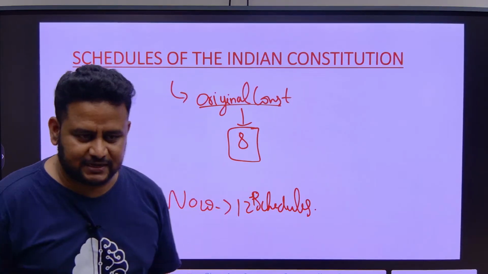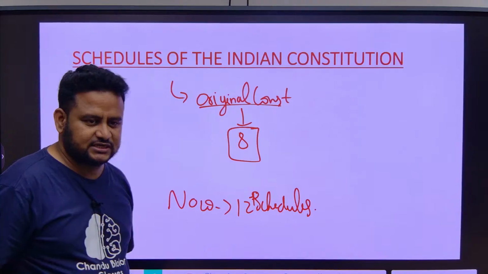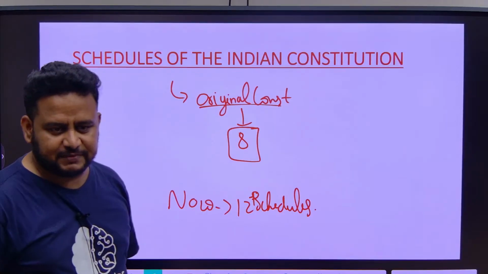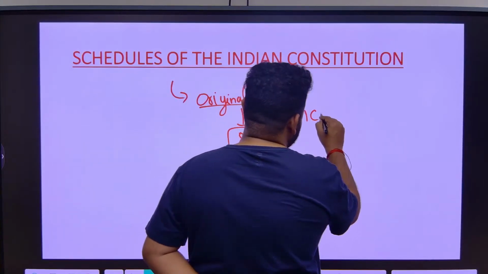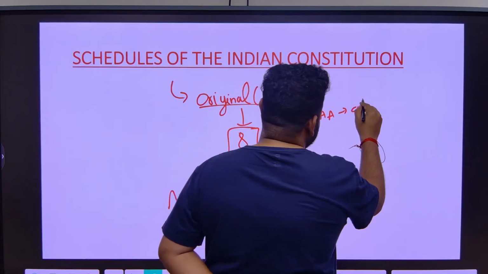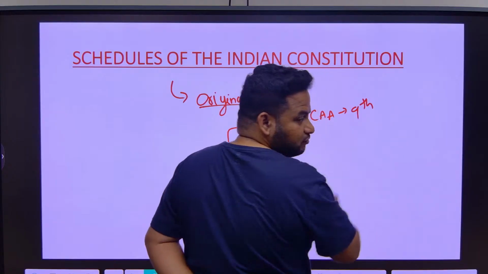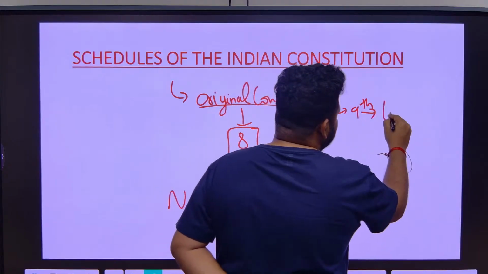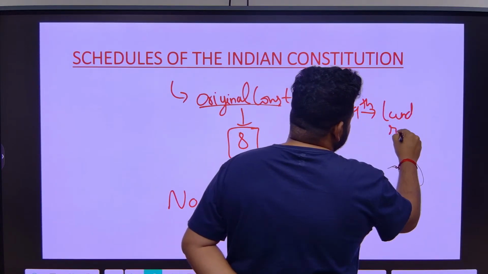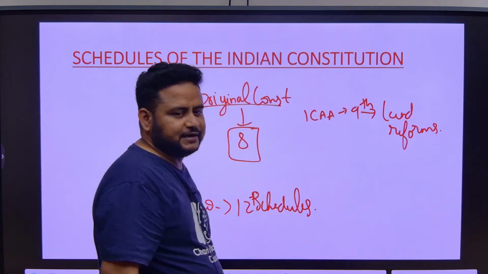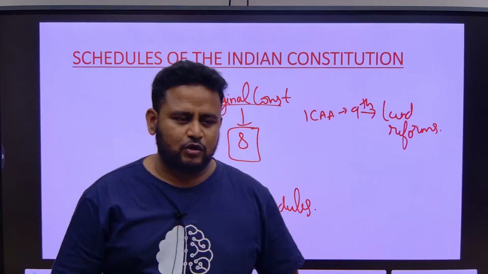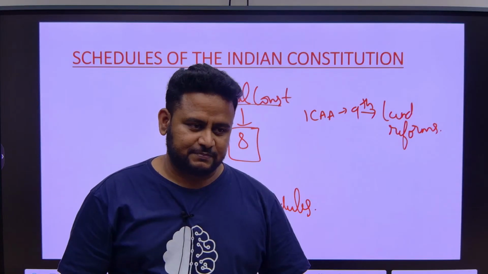There are so many amendments that have taken place. The first amendment in 1952, that was under the Jawaharlal Nehru government. In the first amendment, the 9th schedule was added. It was talking about land reforms. Land reforms means what? Before independence, there were a lot of land policies that the British undertook, like permanent land settlement.